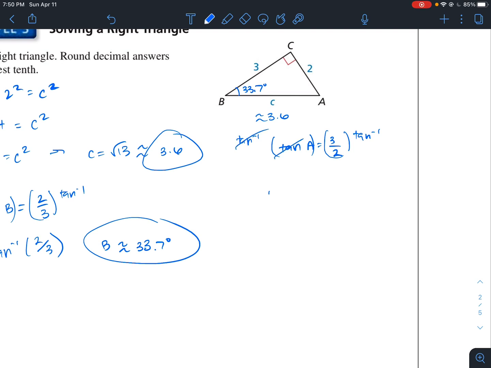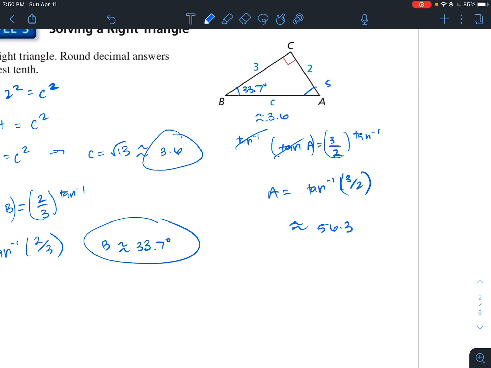So those would cancel, so A would be equal to tangent inverse of 3 divided by 2, which should equal about 56.3.